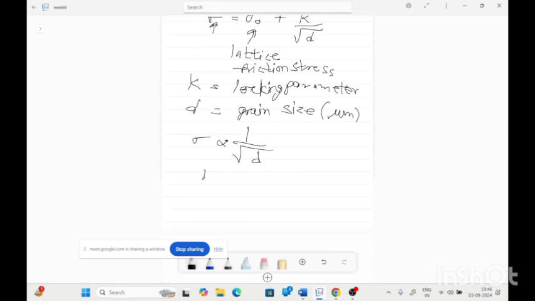As the grain diameter increases, strength will go down. If grain size decreases, strength will go up.